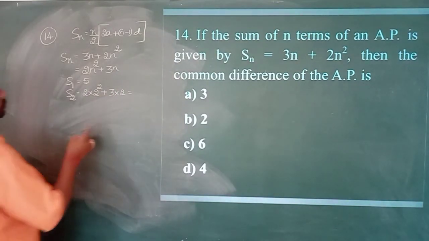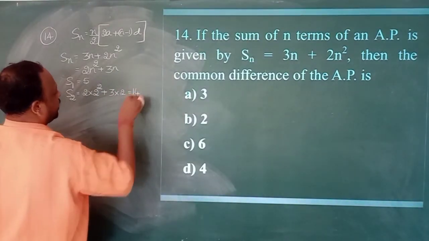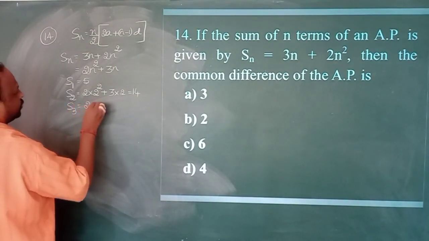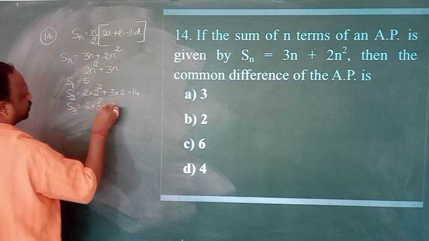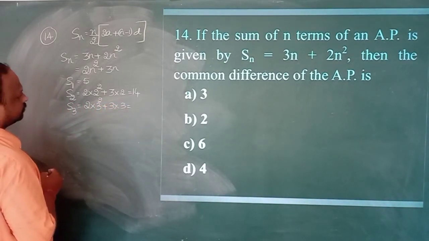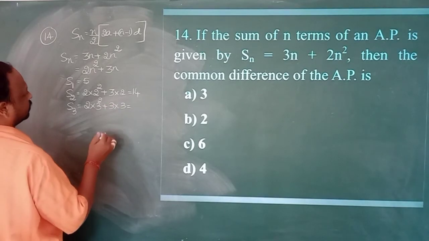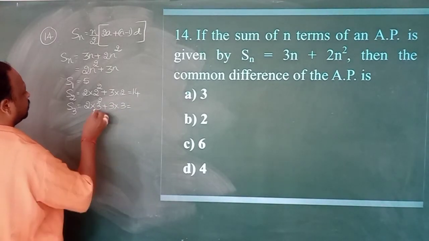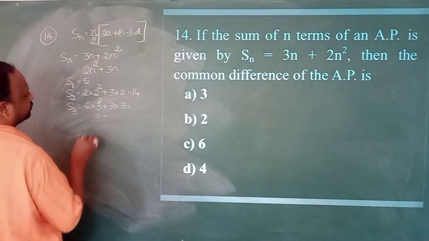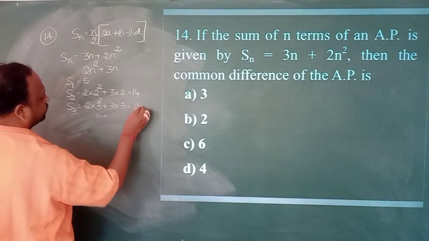2 into 4 is 8, plus 6, that is 14. S3 is 2 into 3 square, that is 18, plus 9, 27.